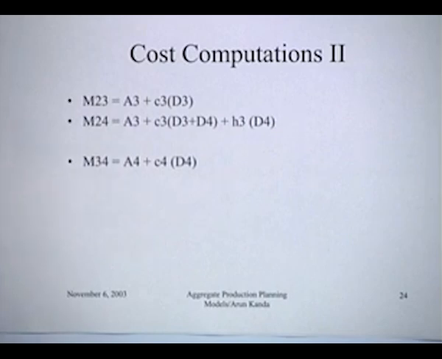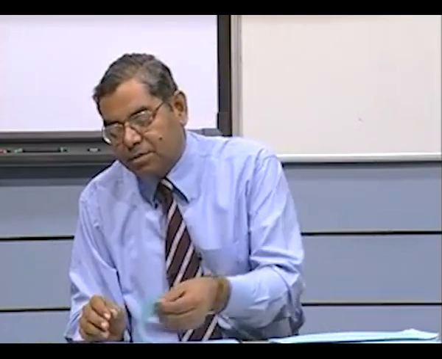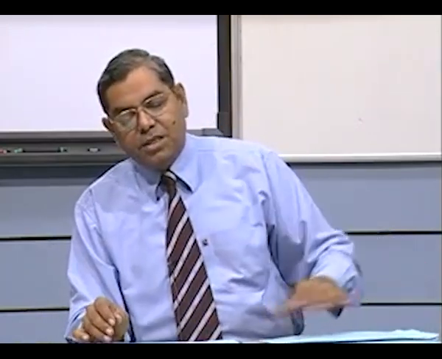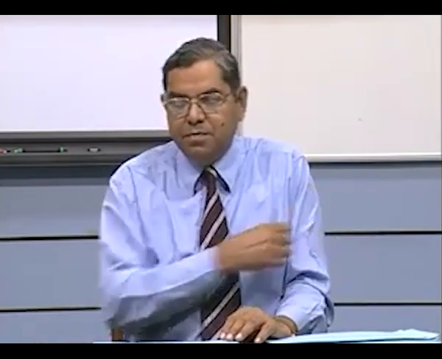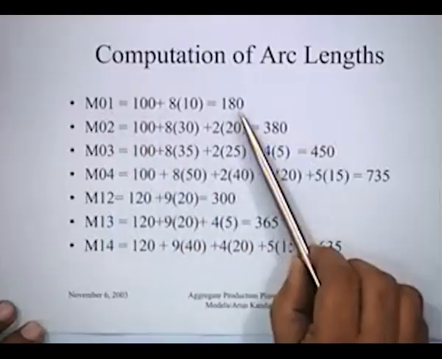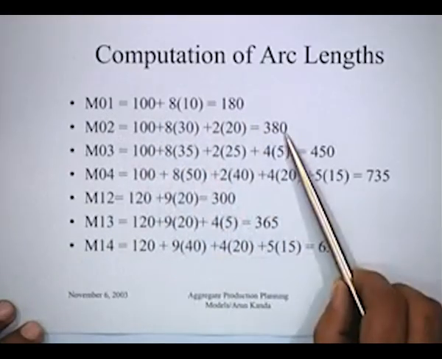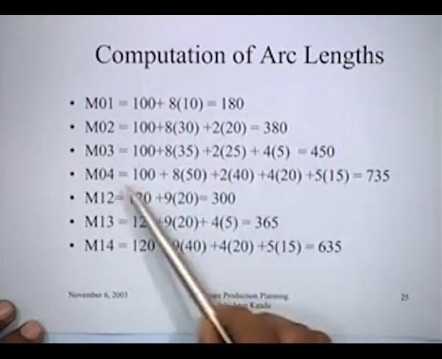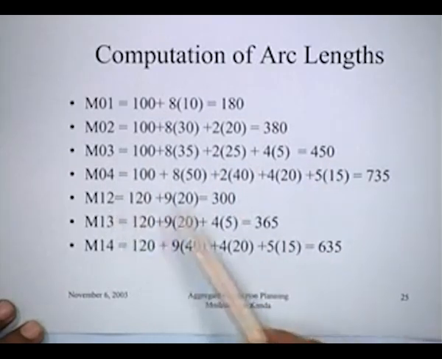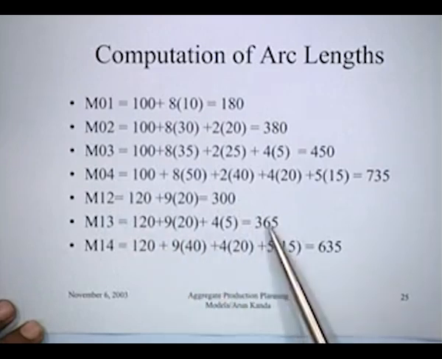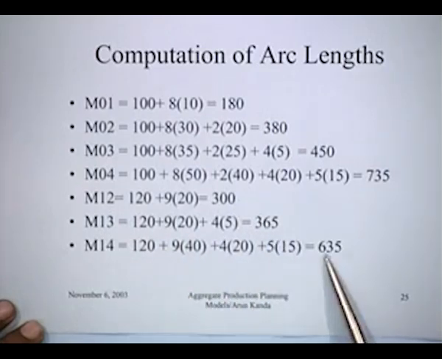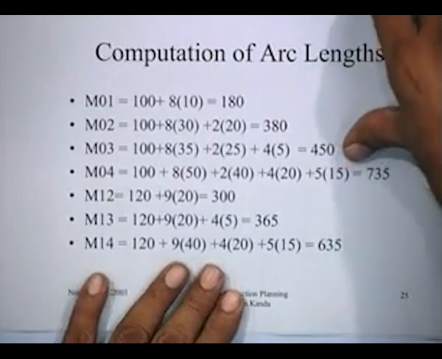And now utilizing the data that we have for this particular problem, we can actually find out the numerical values of these lengths for each arc. So it's just a question of plugging in the values into the general formulas that we have found out, and what you find is that M01 is 180, M02 is 380, M03 is 450, M04 is 735, M12 is 300, M13 is 365, M14 is 635, and then of course the remaining 3 arcs we have.